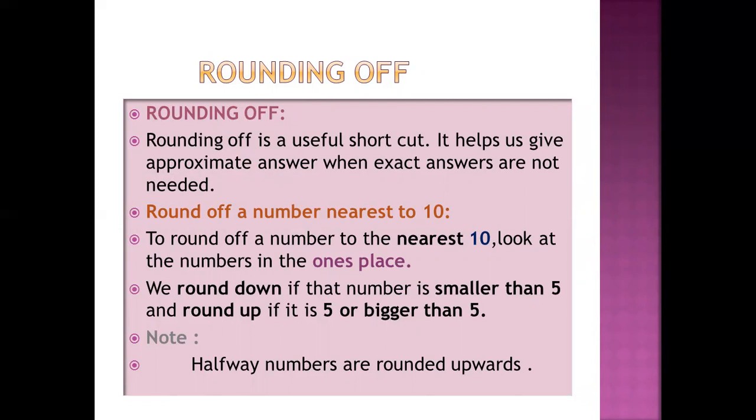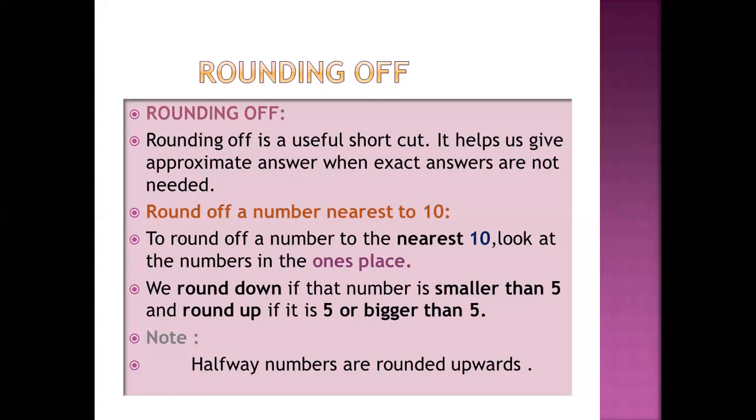On pages 22 and 23, we can round off the number to the nearest 10, nearest 100 and nearest 1000. But question number 1 is about the nearest 10. To round off a number to the nearest 10, look at the number in the ones place. If the number is less than 5, we round down.